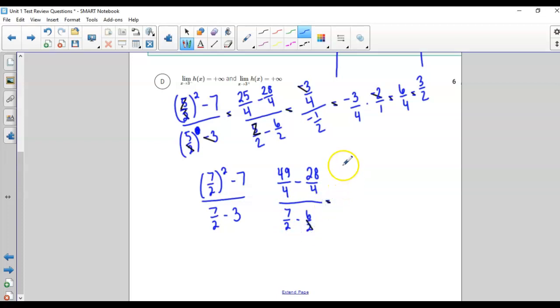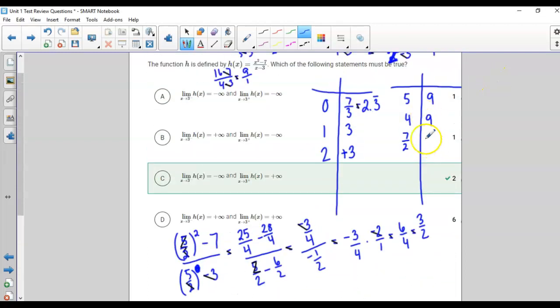And so you've got 49 minus 28 is going to give us 21 over 4 over 1/2. So that's going to give me 21 over 4 times 2 over 1, which is going to give me 42 over 4, or 21 over 2, which is 10.5, which is an increase. So we see this is increasing here. So C is our answer.